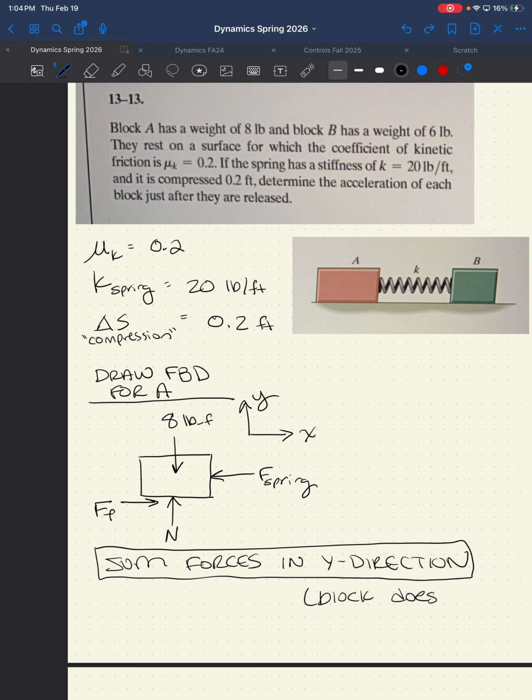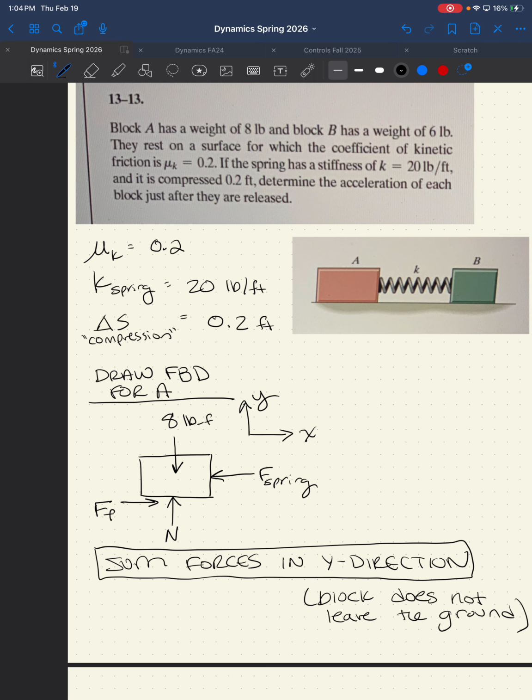I do suspect there's going to be some acceleration in the X direction, and I have no idea how much it's going to be. So I'm going to have to leave a_x as a variable. I'm not going to be able to plug in a value for that. And in fact, I believe that is what is being asked of me. The problem is asking me to solve for the acceleration of each block.